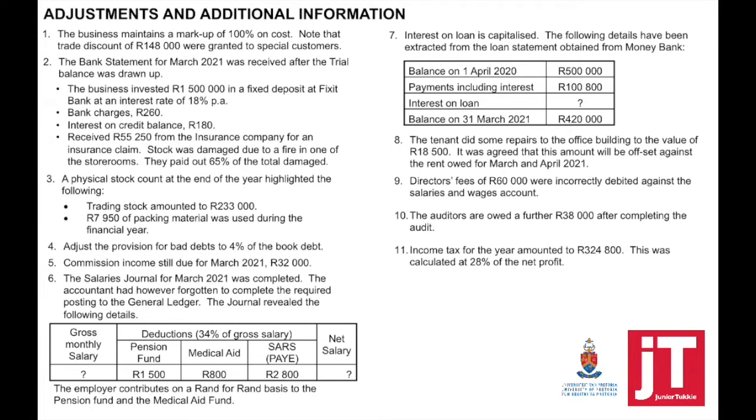Now, before we start officially with this activity, in an income statement, we need to reflect all our income and expenses for this accounting period. An accounting period is equal to 12 months.